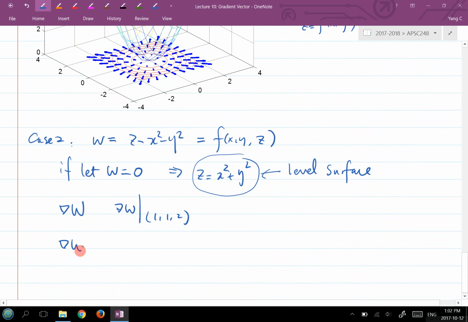So del w is this one here, and its gradient vector is partial w over partial x, partial w over partial y, partial w over partial z.